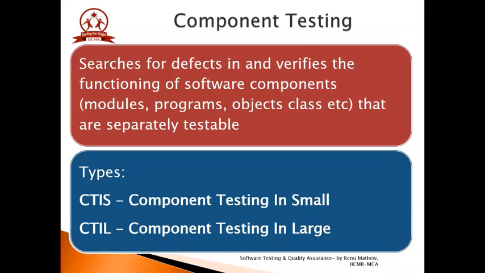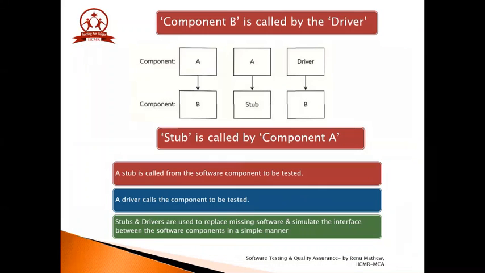Component testing done without isolation of other components in the software or application under test is referred to as component testing in large. Let us take an example to understand this in a better way. Suppose there is an application which consists of two components, let's say component A and component B. And the developer has developed the component A and now he wants to test it.